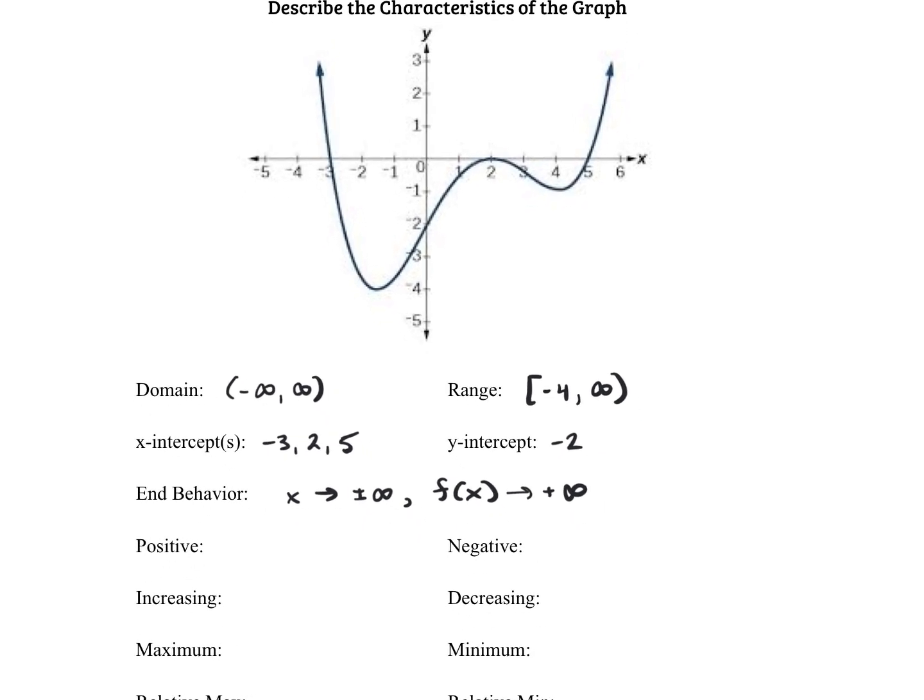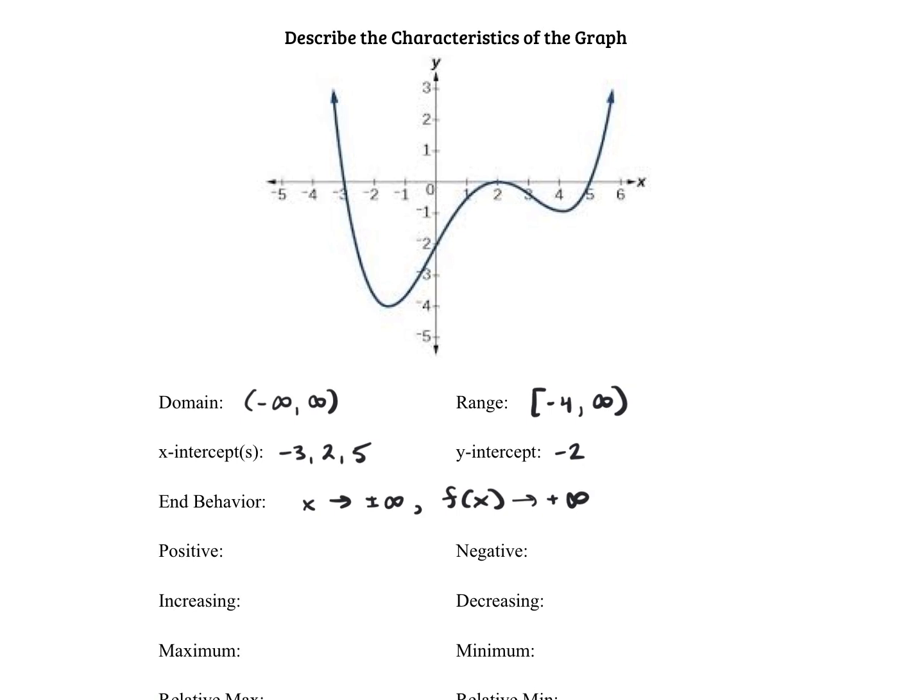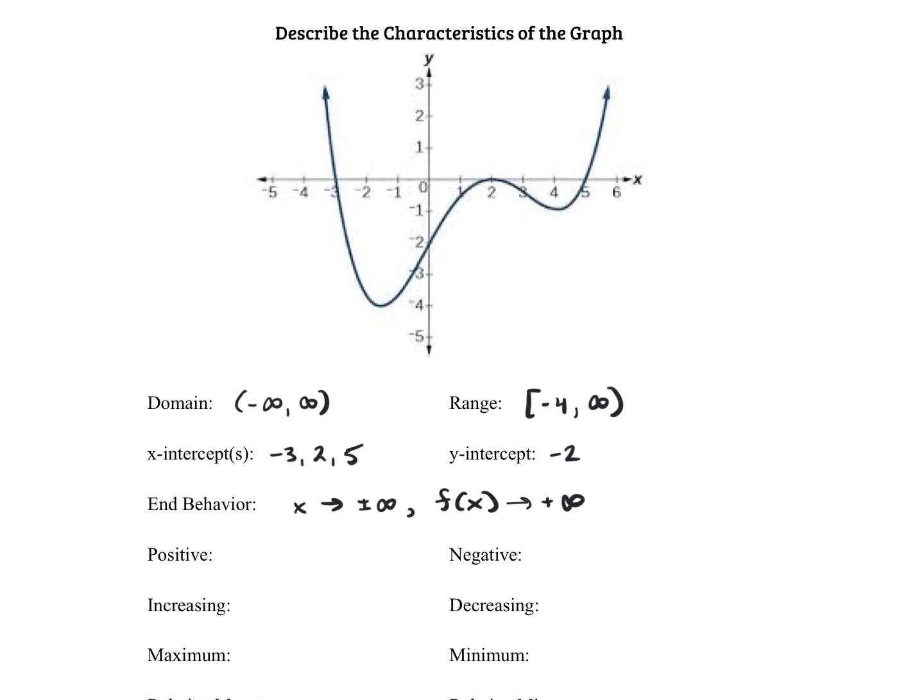Now, positive and negative, that's one of the new ones we're going to talk about. So positive means that it, again, is above the x-axis. So we can see that that's occurring in 2 different regions, here and here. And we're going to describe this in terms of the intervals of x where it's above the x-axis. So I can see that from negative infinity up until negative 3, our graph is above the x-axis.